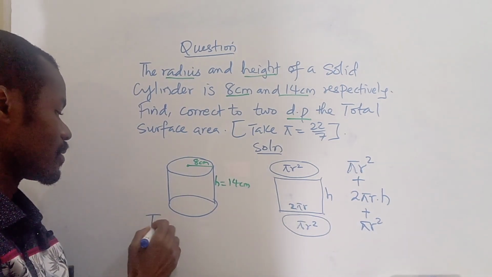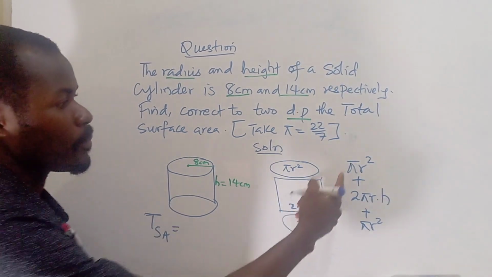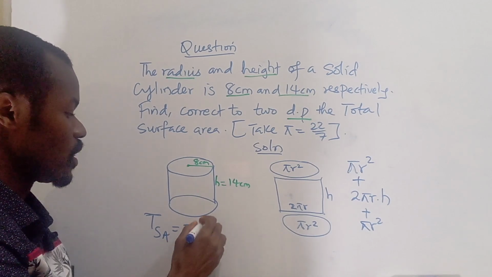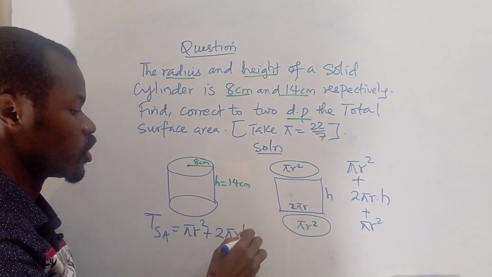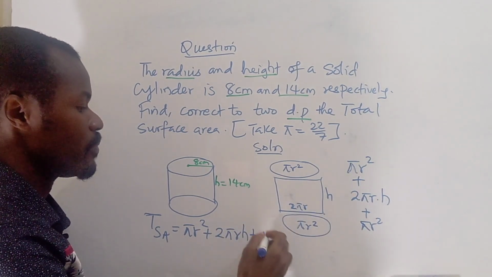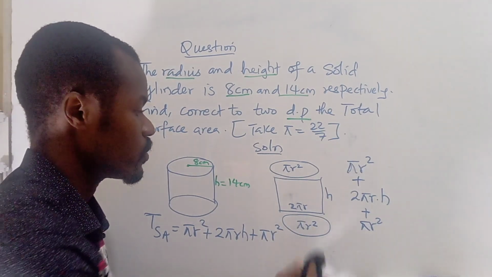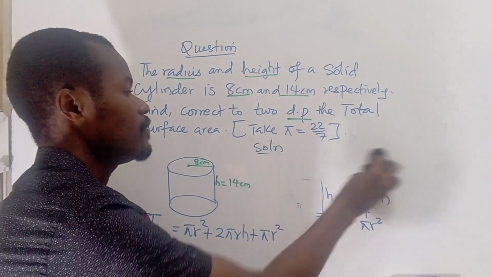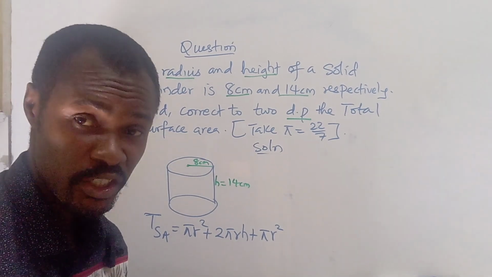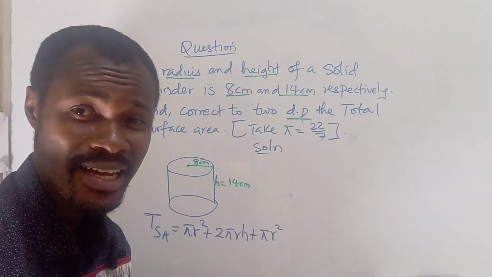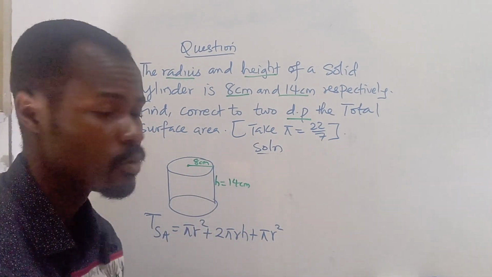So our total surface area, let's call it TSA, is going to be pi r squared plus 2 pi r h plus pi r squared. Such questions on mensuration, you don't want to cram your formulas. You should be able to use the shape and bring out the formula.